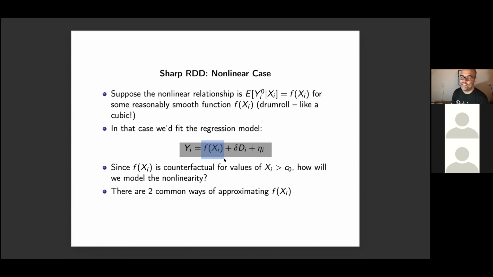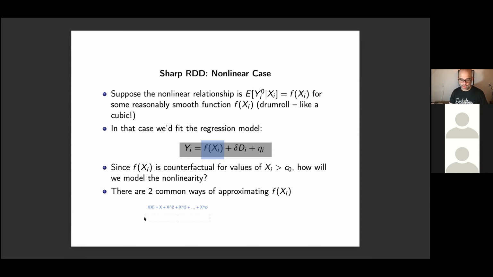Okay, that f of x. What is that f of x? Well, f of x is basically going to be x plus x squared plus x cubed plus x to the p, right?